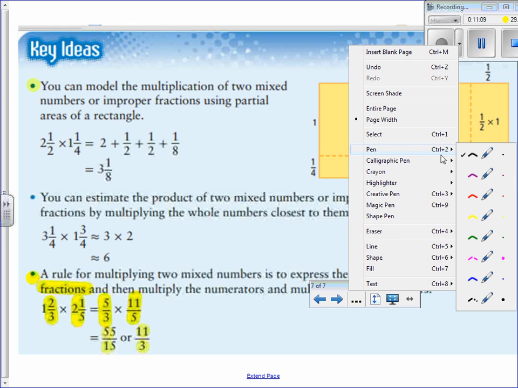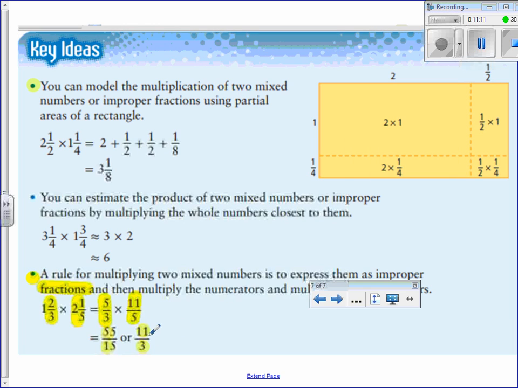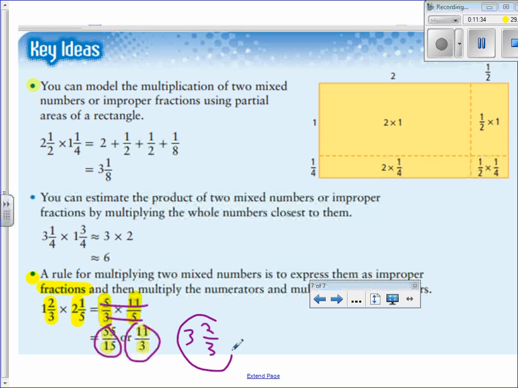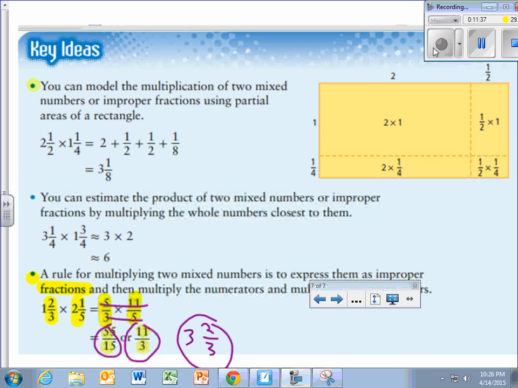So that's 3 times, 3 times 3 is 9, so there's 2 left over. So the final answer for that one would be 3 2/3. So just change these to improper fractions, just like they did here. Multiply straight across, get your number, reduce it, put it back into a mixed number. So again, copy the two key ideas, the first one and the third one, into your notebook now.